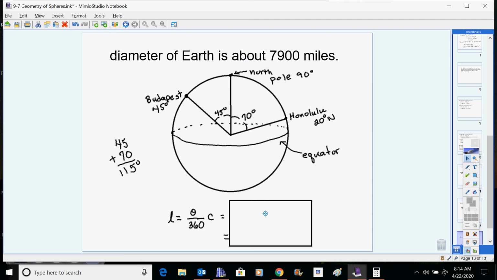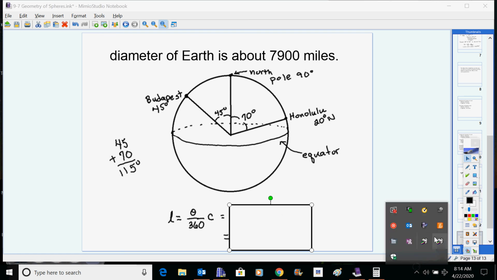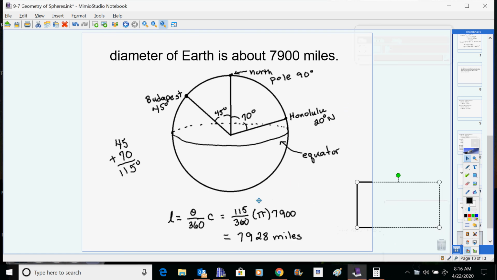The diameter of the Earth is about 7,900 miles, and the circumference formula is pi times diameter. Remember, circumference is pi times diameter.